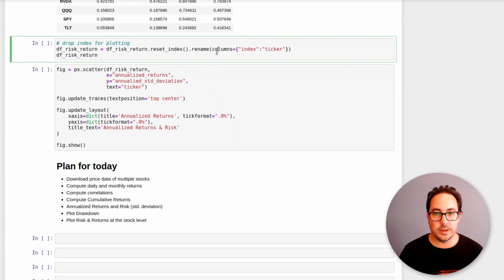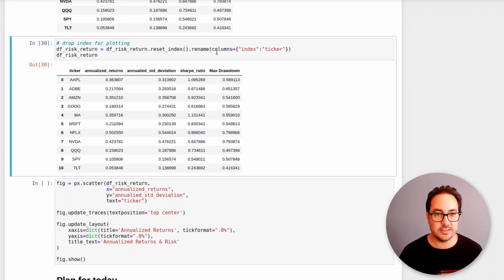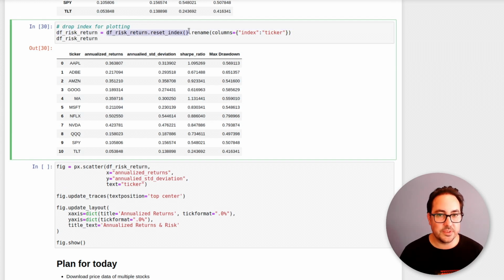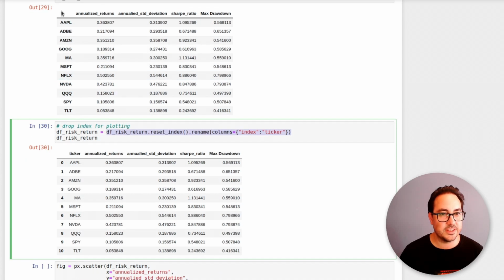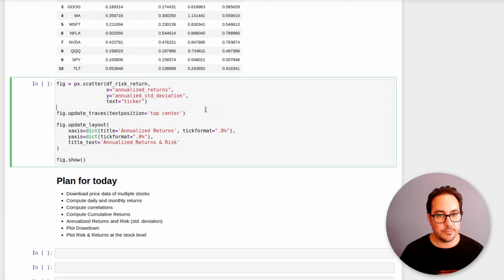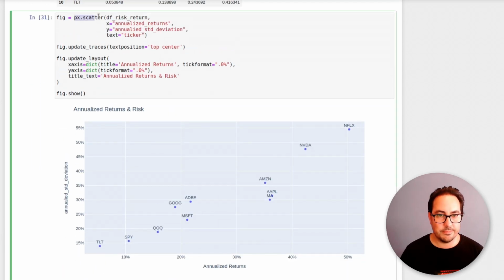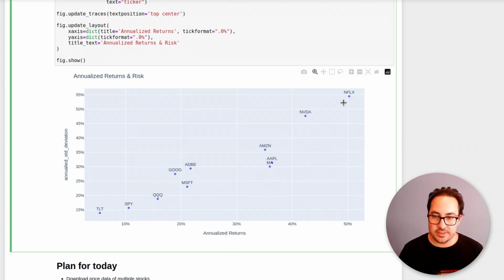Okay, so one more plot that we can do with this data is, let me show you. Here I just remove the index and change the name to ticker. So you see here, before it was in the index, the ticker. And what I'm doing here is a scatter plot between the return and the volatility. Basically, you just pass in the data frame, X, Y, and the text. And this shows you some sort of linear relation here.